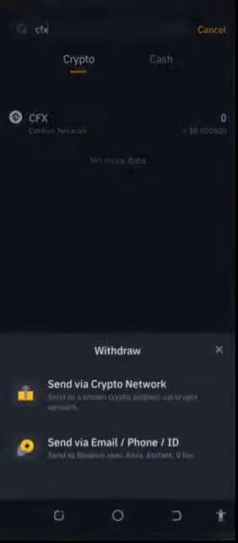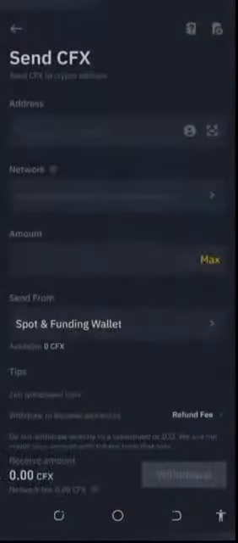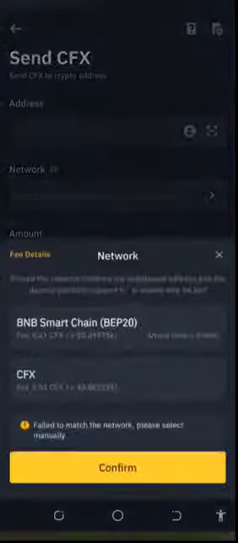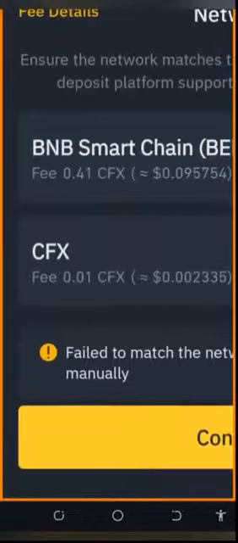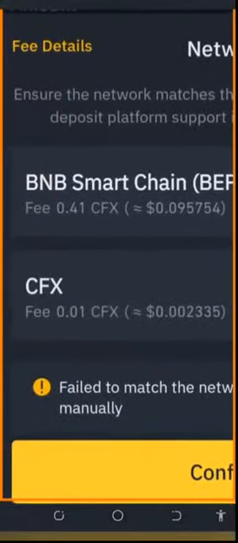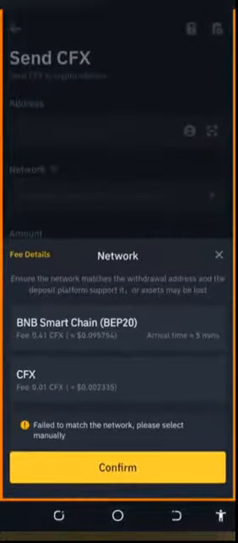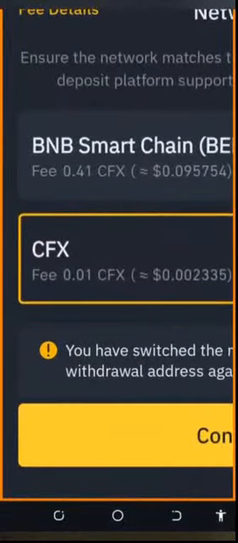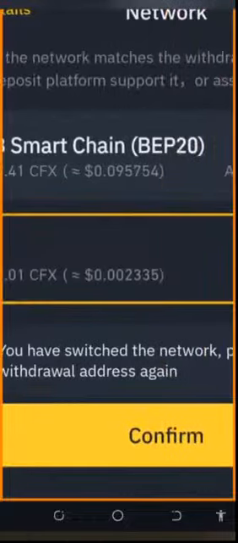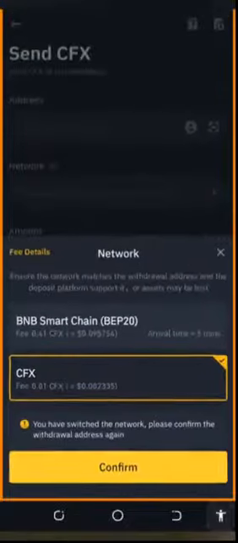All right, Conflux network. What is it to withdraw it? We have BEP20 and we have CFX. Does it say Conflux eSpace? I'm not seeing eSpace, but I'm seeing CFX. So let's click on CFX. How much is it? It's just about 0.002. That's less than 1 cent.